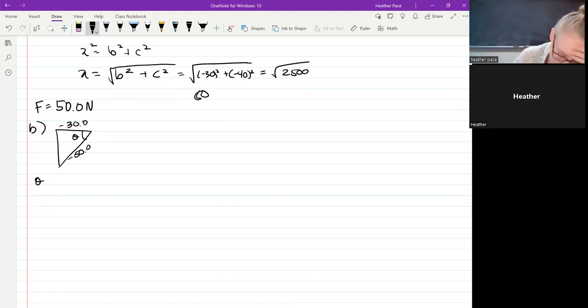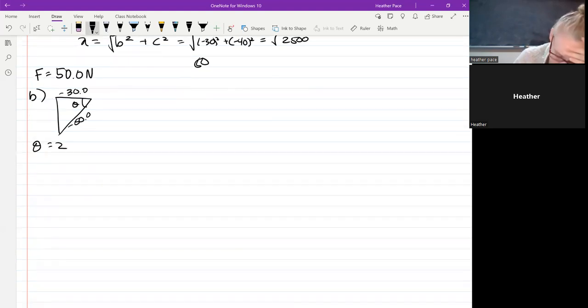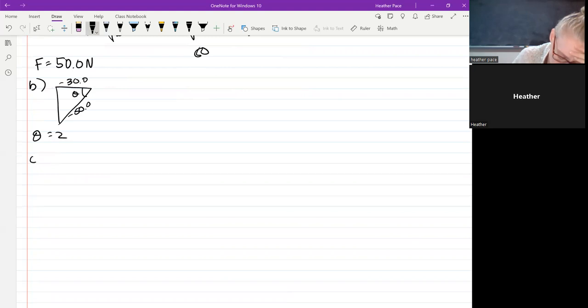All right, so we know that cosine of theta equals opposite over hypotenuse. Sorry, adjacent over hypotenuse. So we have 30 over 50.